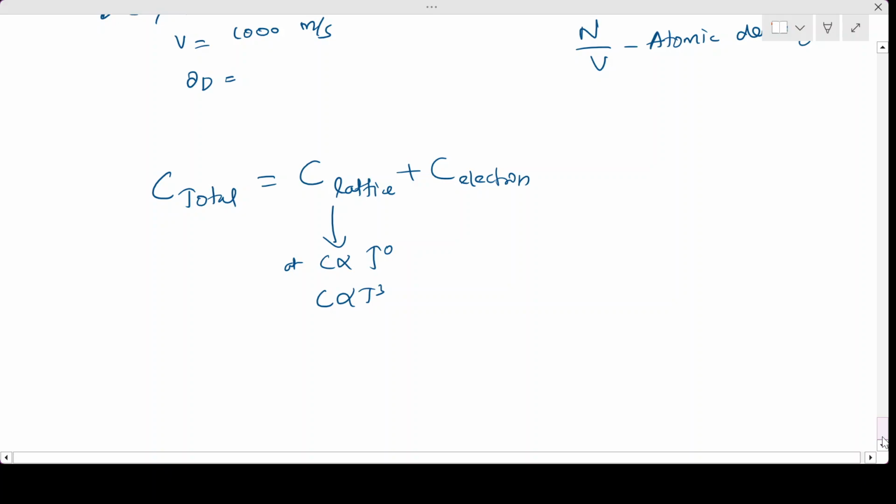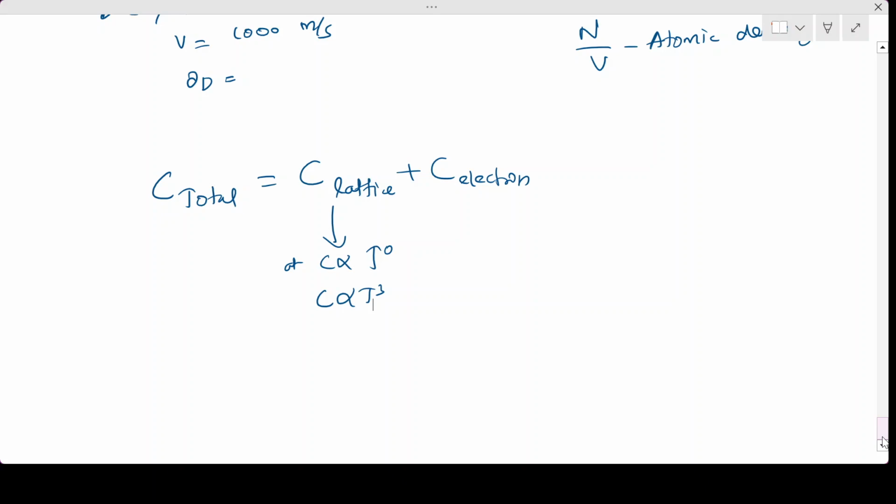Debye only could explain the specific heat capacity due to lattice vibration, which we have already seen, but there is again a contribution of electrons to the specific heat capacity. That we will discuss in the next module on free electrons, because in the free electron case the potential energy will be zero.